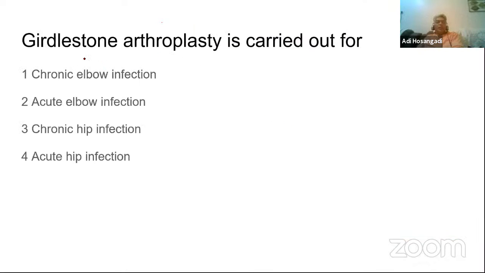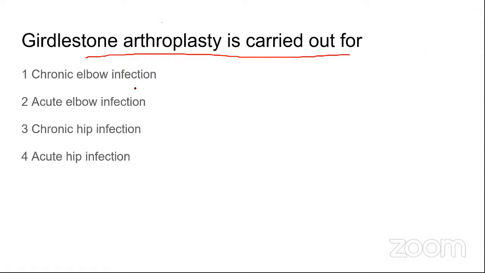Girdle stone arthroplasty is carried out for, yes, come on. Anybody? Hip infection.